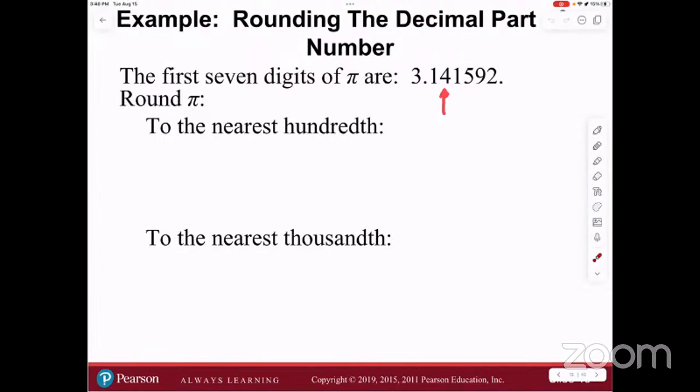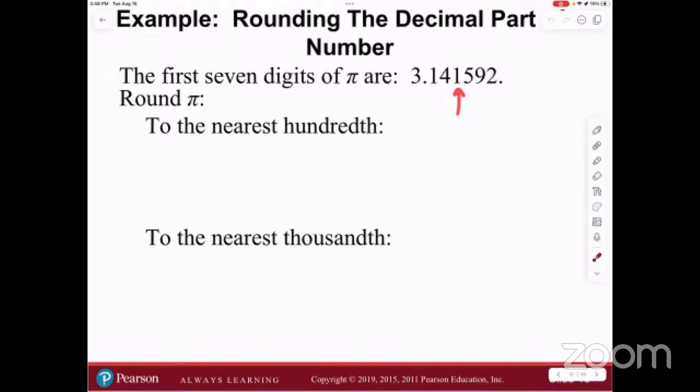Okay, 3.14. And then the nearest thousandth is going to be that third decimal, so this is the decimal in question. To the right of 1 is a 5. Because the digit to the right is 5 or greater, we're going to add 1 to this one. So then we get 3.142.